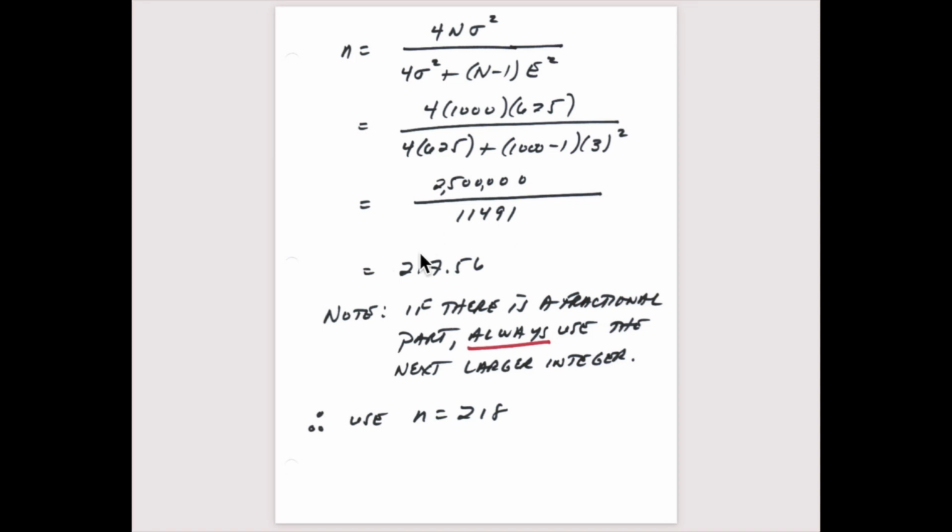Even if the decimal part is less than 0.5, for example, if this had been 217.25, we would still go up to the next larger integer, and that should help ensure that the margin of error associated with our point estimate is no more than capital E.